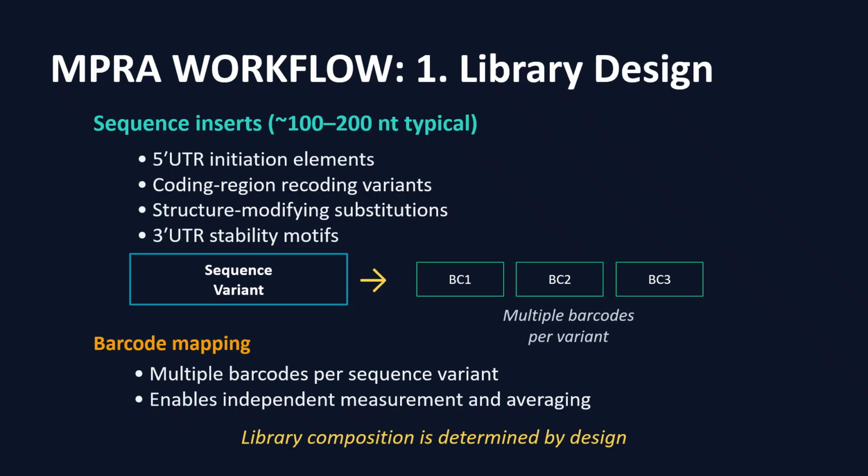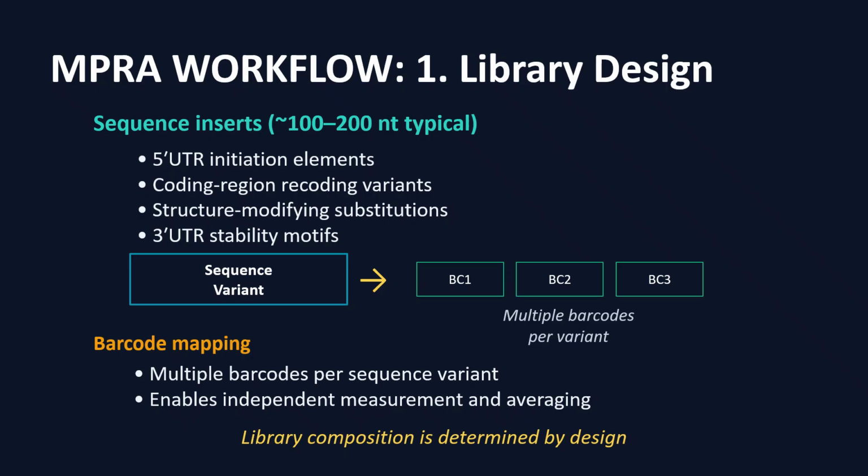These inserts might include regulatory elements from the 5' UTR, or maybe targeted changes that alter RNA's secondary structure, or maybe motifs from the 3' UTR. Each sequence variant is then linked to a barcode, and actually multiple distinct barcodes usually.